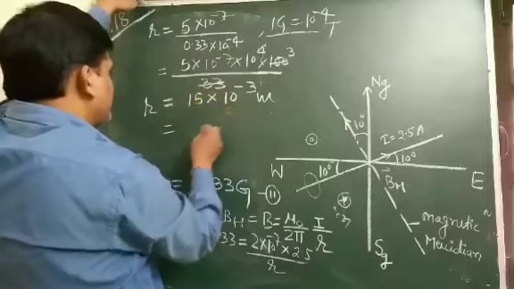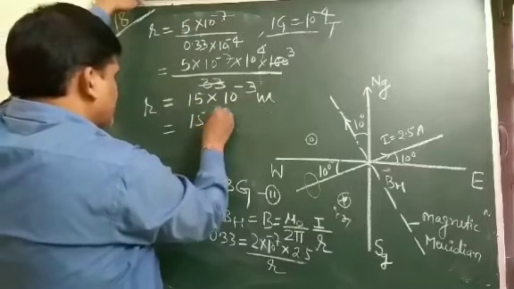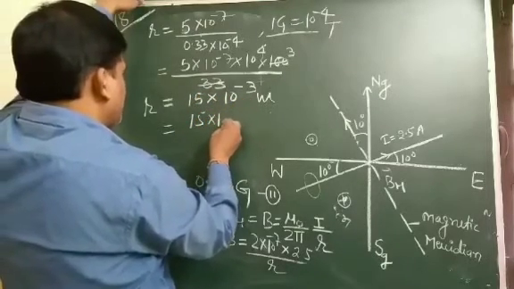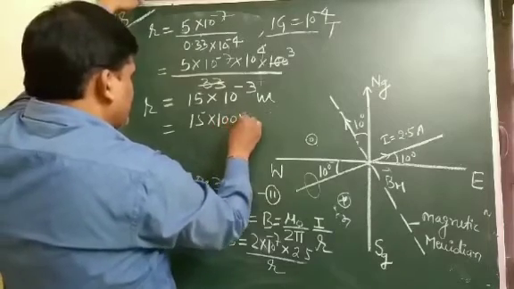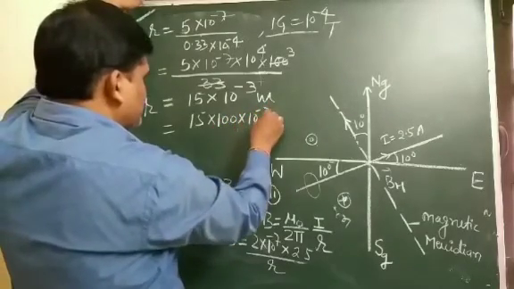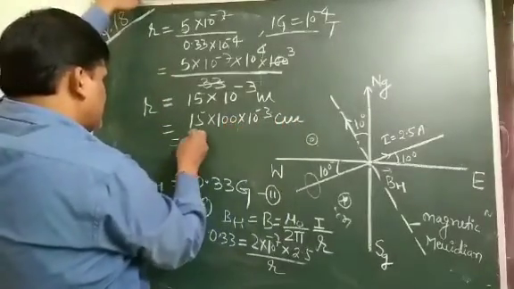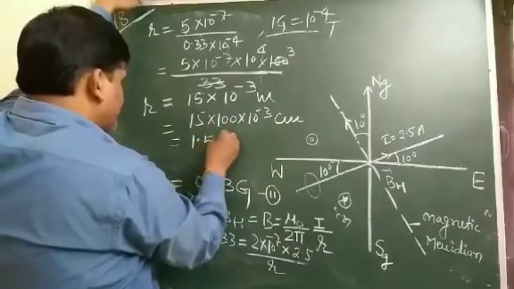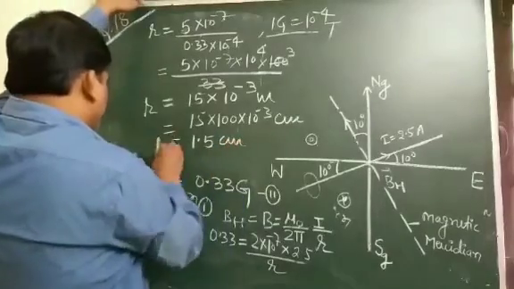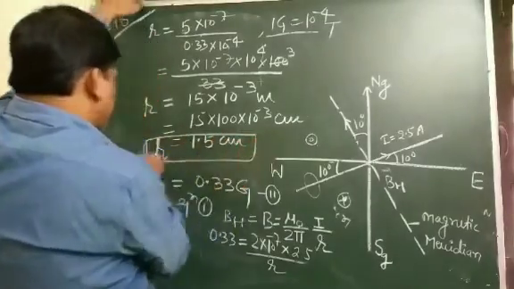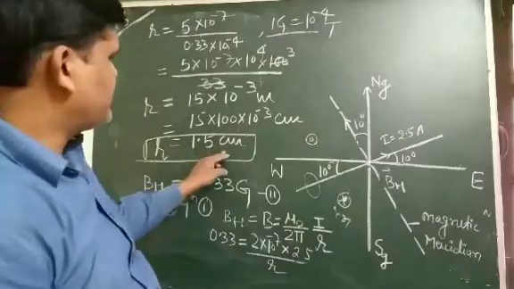R in terms of centimeter is multiplied by 100, so that is 100 into 10 to the power minus 3 centimeter, and this comes out to be 1.5 centimeter. So R comes out to be 1.5 centimeter.